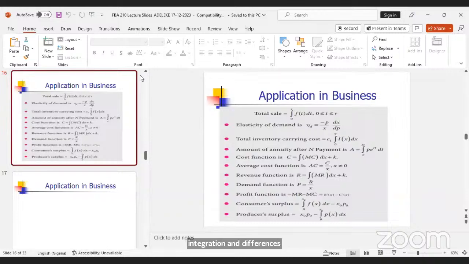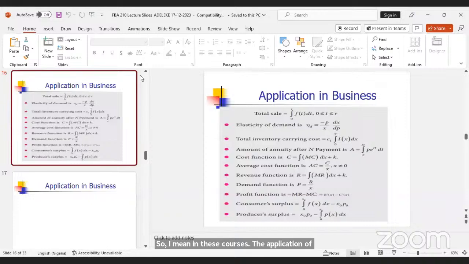So if I have the marginal, how do I get the total? I will need to integrate to get the total. But you cannot integrate if you don't have the knowledge of integration, which means that you must have done integration before you start the application. So what we are actually discussing in this course is the application of integration.